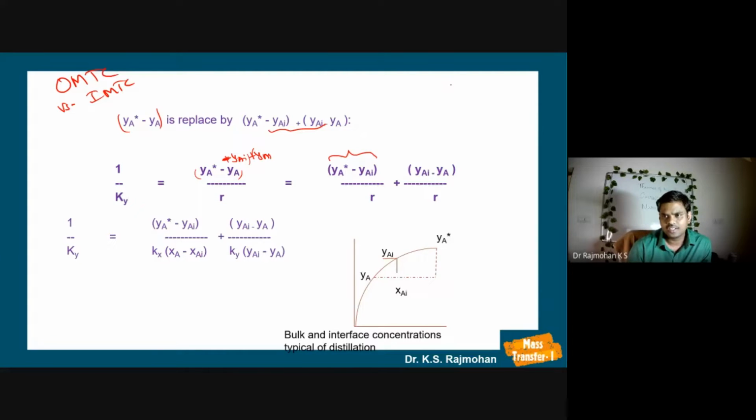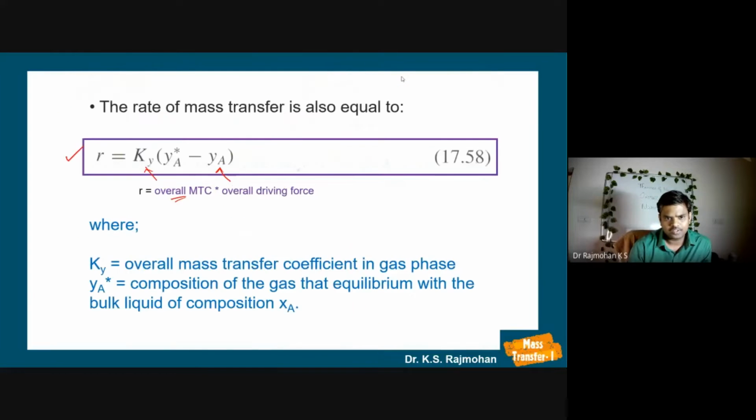Here in this derivation we are considering liquid to gas mass transfer, so the rate of mass transfer is equal to capital Ky into y star minus y, or capital Kx into x star minus x. We should say here that mass transfer is taking place from liquid to gas.